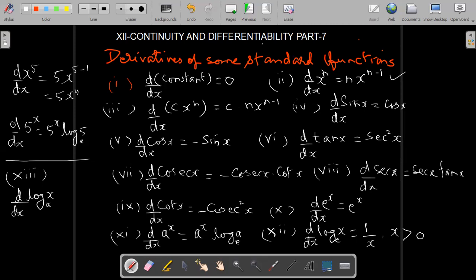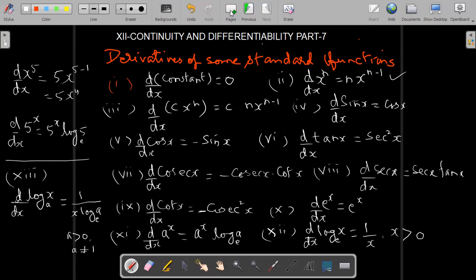If d by dx of log x to the base a, then its differential will be 1 upon x log a to the base e. This a will convert into e, where a is greater than 0, and a should not be equal to 1, because log 1 is equal to 0 and 1 upon 0 will be infinity. That's why. So these are the formulas that we have used already before.